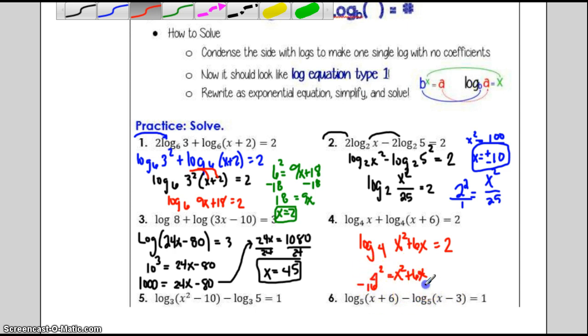So minus that 16. Let's think of the factors of negative 16 that add to get 6. So those factors are going to be 8 and negative 2. Setting both of those equal to 0, x is equal to -8, and x is equal to 2.